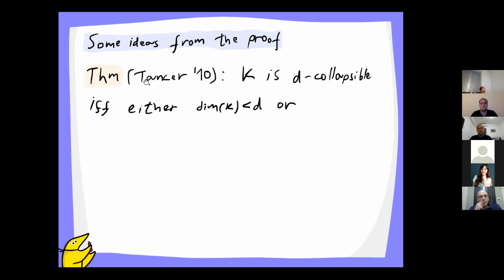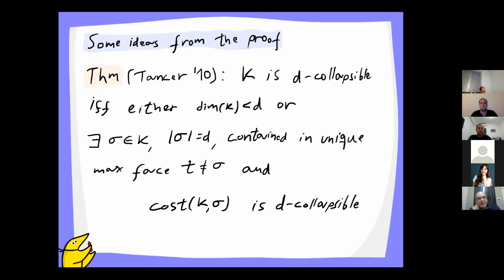Now we have an equivalent definition of d-collapsibility due to Tancer. He showed that K is d-collapsible if and only if either the dimension of K is smaller than d, or there is some simplex sigma of size d that is contained in a unique maximal face tau, different than sigma, such that the costar of sigma in K is d-collapsible.